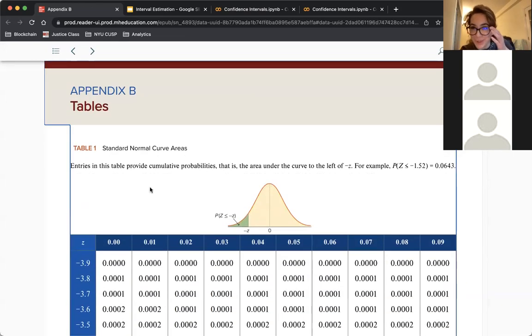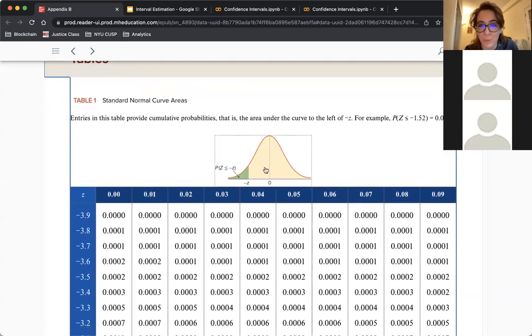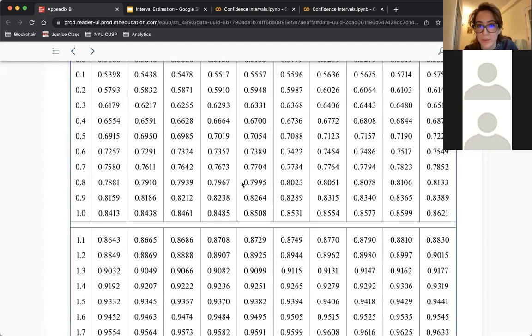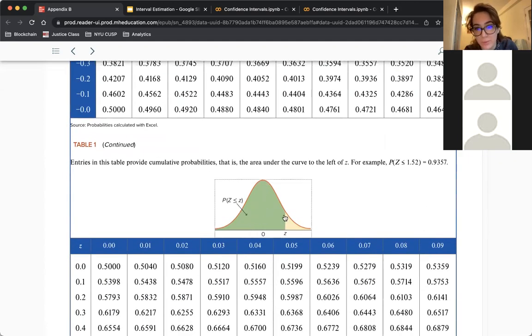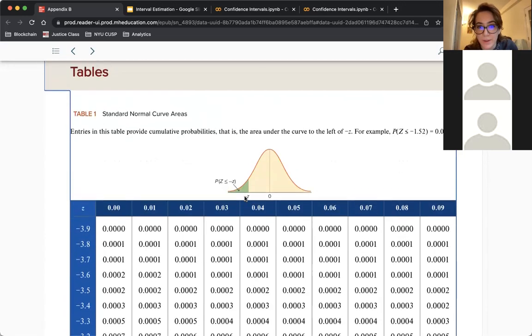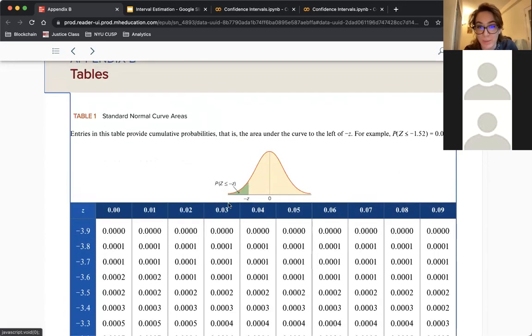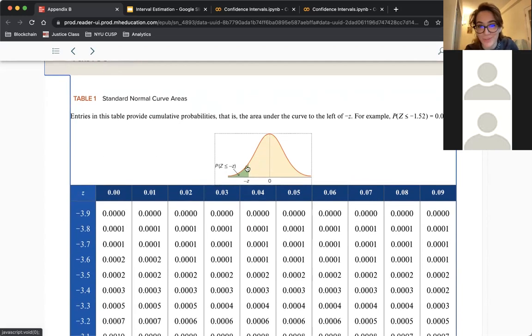Of course you can find this online, but sometimes it's helpful just to use the same consistent one, where this one would be the area left of the mean being 0. And then we can use the other one to account for the cumulative distribution up to that value of Z. So let's just use this one because it's symmetrical. If we wanted to do this on the other side, it's the same exact value.